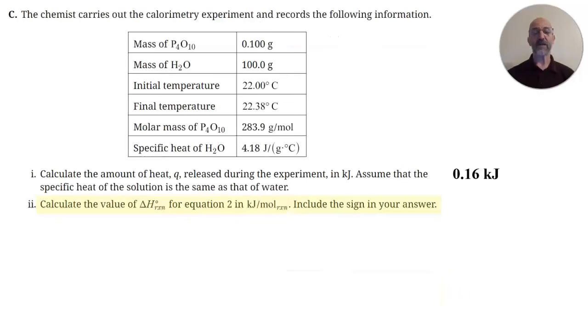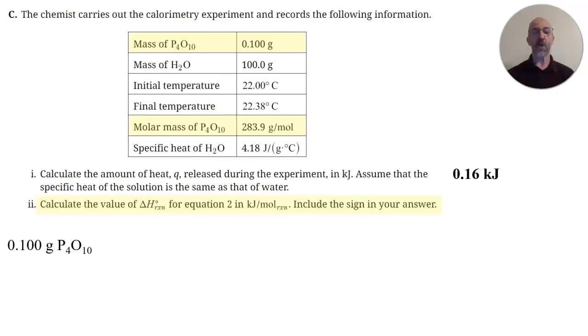Let's go ahead and calculate the number of moles of P4O10. So we have 0.100 grams of P4O10 that reacted in this experiment. And we don't need to use the periodic table to calculate the molar mass of P4O10. It's actually given to us in this table. So I'll go ahead and set up my conversion factor to go from grams to moles.